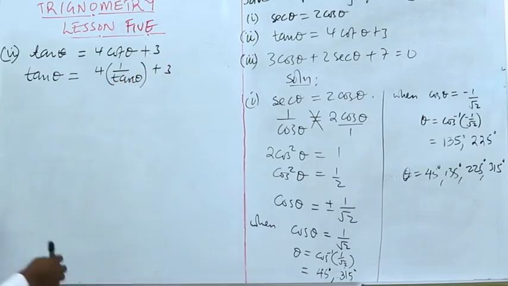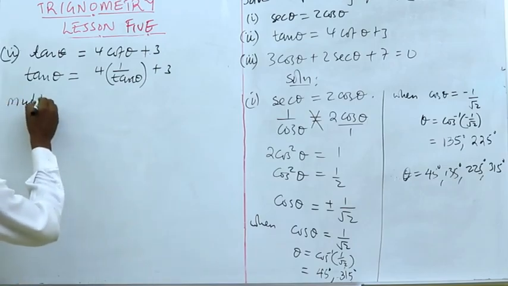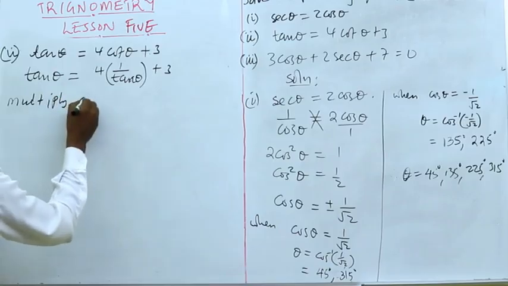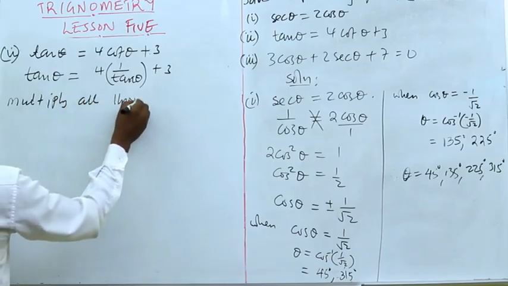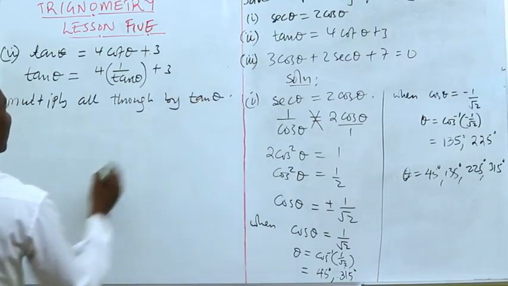plus 3. Okay, so you multiply all through by tan theta.